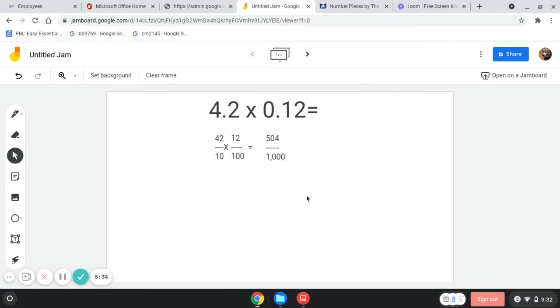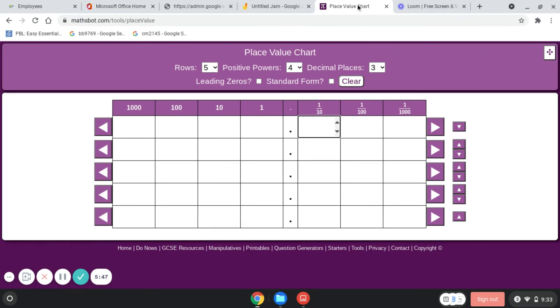We are going to use a place value chart to help us figure that out. Okay, so we have 504 thousandths. So I'm going to go to the place value chart. And since it's thousandths, I'm not going to concentrate on this side because it'd be a decimal number. So we have our decimal point.